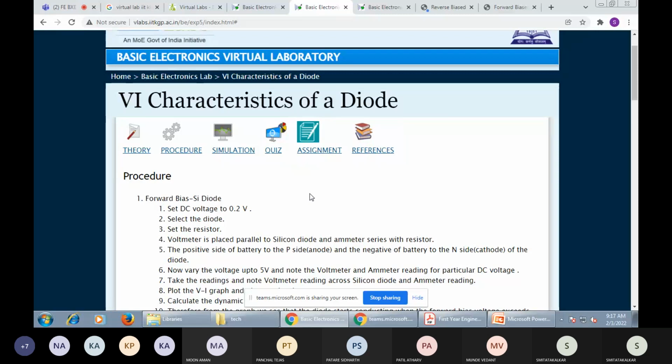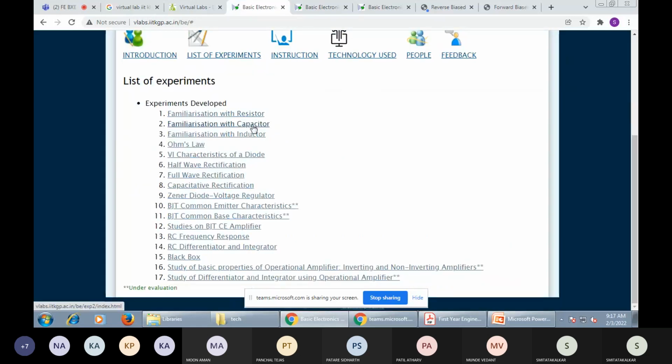Don't write in pages. If the college is offline, after that we will give instructions on whether to take a printout or not. Still you can perform the practical, save as a PDF file and upload to Google Classroom. Next Thursday, you will perform familiarization with resistor, capacitor, inductor, Ohm's law, and the VI characteristics of the diode.